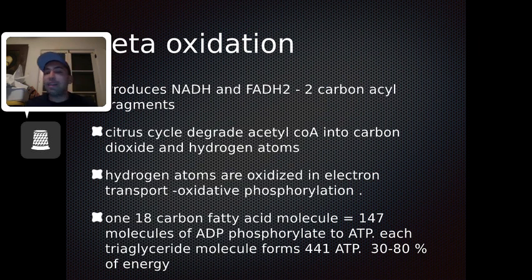With a diet high in fat and low in carbohydrates, you can enhance your fat burning capabilities, or fat oxidation capacity. When we're looking at one fatty acid molecule, we're looking at 147 molecules of ADP that are then phosphorylated into ATP.